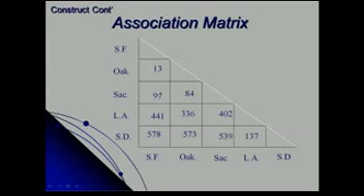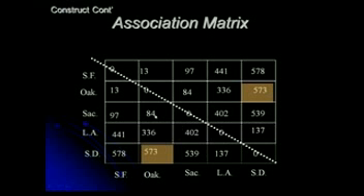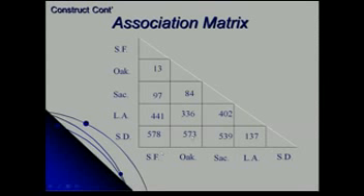If you get rid of the miles, you're still left with this same matrix chart. Whatever you place in this block between Oakland and San Diego would still be the exact same correlation between Oakland and San Diego anywhere else.